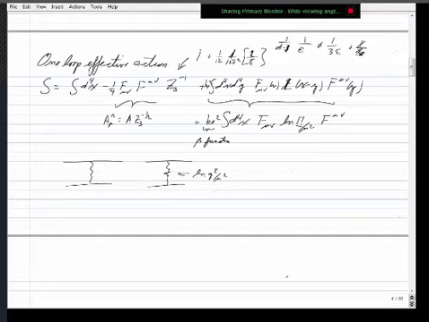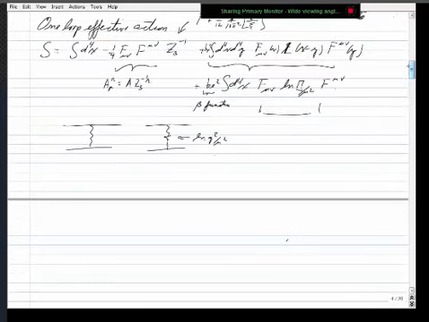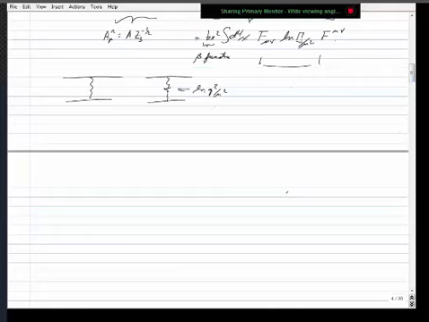At this stage, we do renormalization here, so we define renormalized fields. A mu renormalized is the bare A times Z3 to the minus a half. And I now have the renormalized one loop effective action.